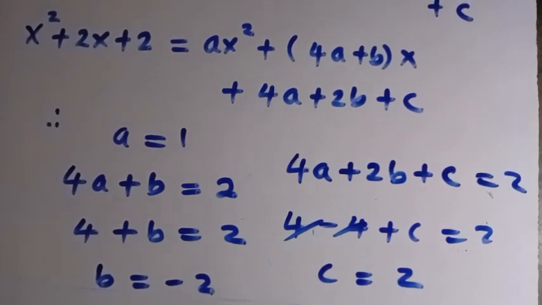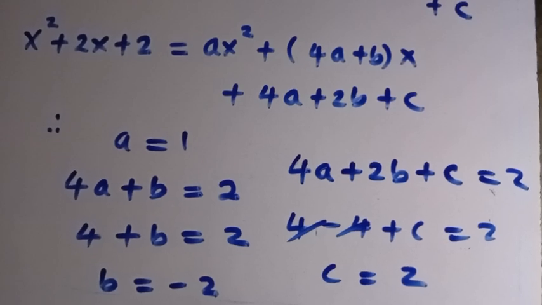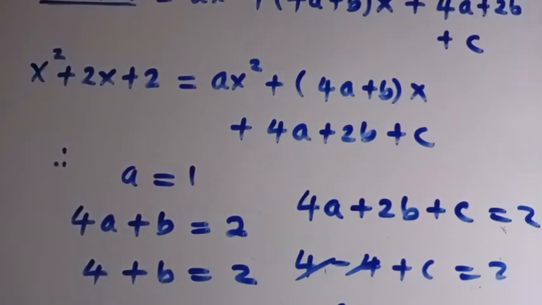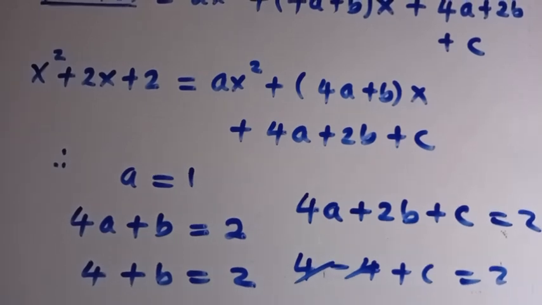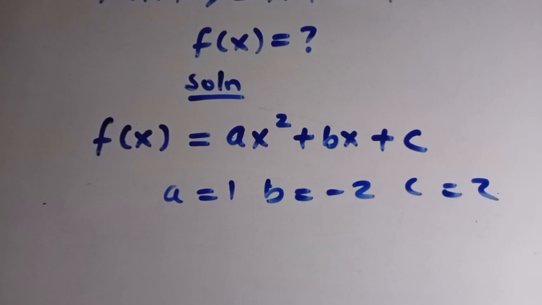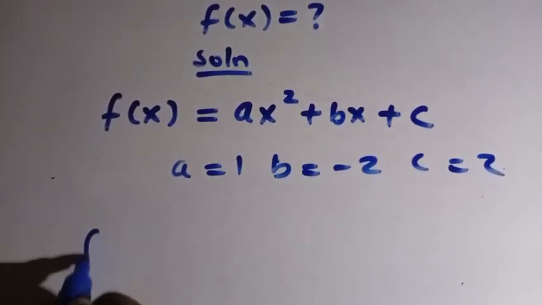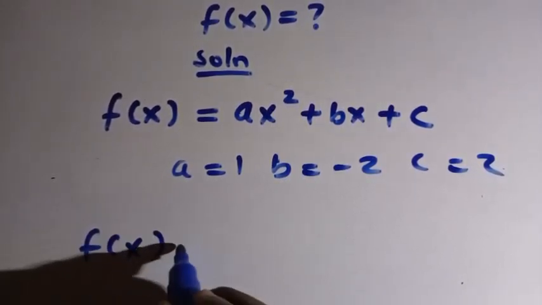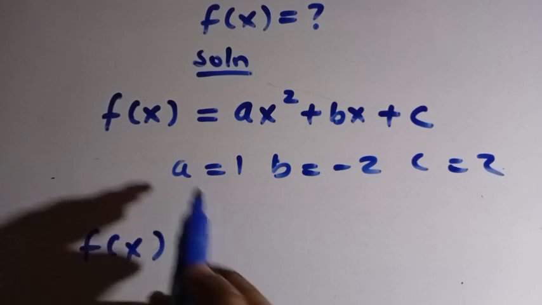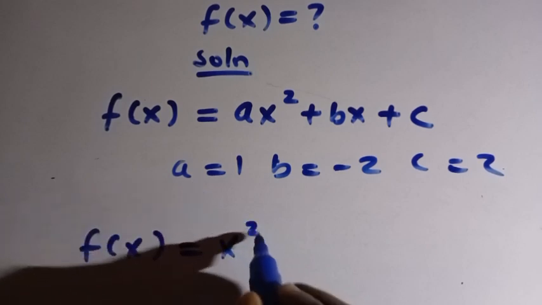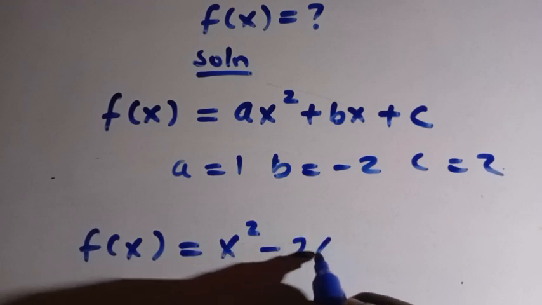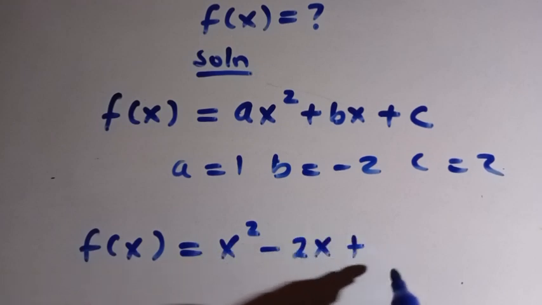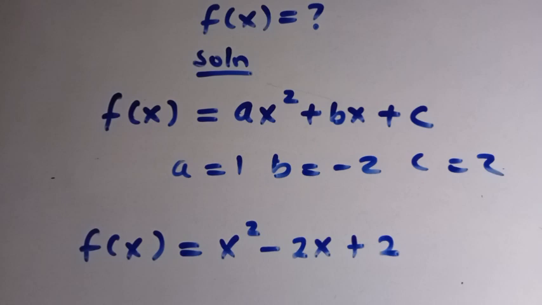So we get a, we get b, and we get the value of c. Let's go back to where we came from and replace the values of a, b, c, then we get the final answer. By replacing this, we have f of x equals, so a is 1, which means this becomes x squared, and b is minus 2, so I'm going to have minus 2x, and c here is 2, that is plus 2.